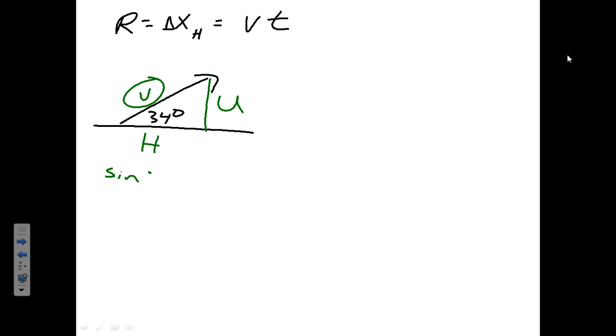Say the sine of 34 equals U over V. I'm going to go ahead and solve that out for U. My up component would be V times the sine of 34. And then I'm going to do the same thing with the horizontal. I'm going to say the cosine of 34 equals H over V. Solve that out for H.